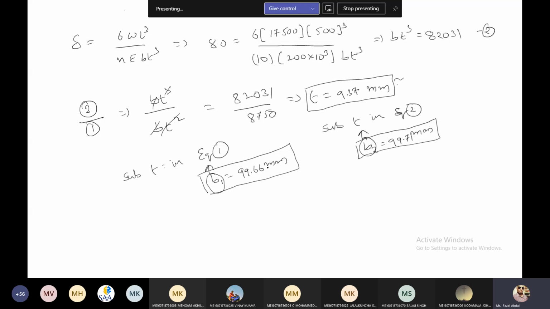Between these two, which one do we have to select for the design purpose? That is the question. After getting these values, which one has the higher value? That higher value we have to select for the design purpose.